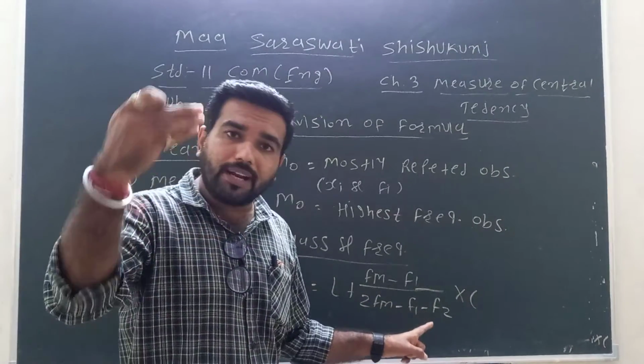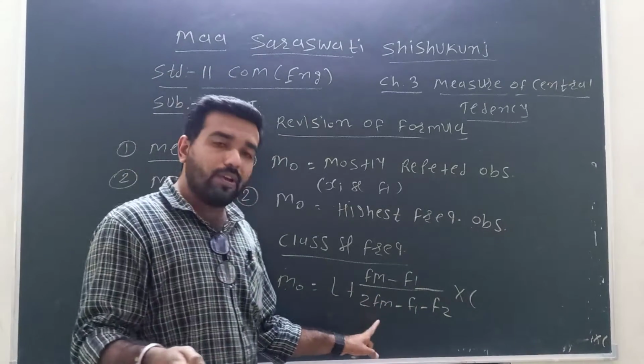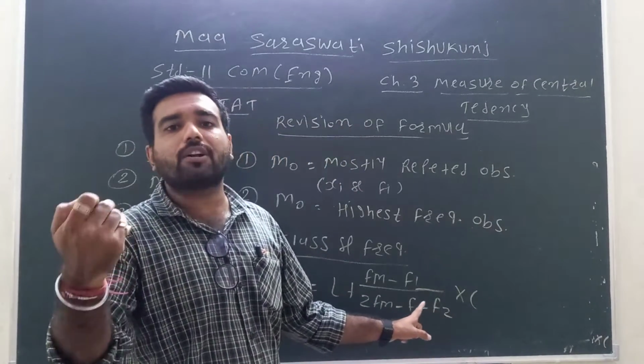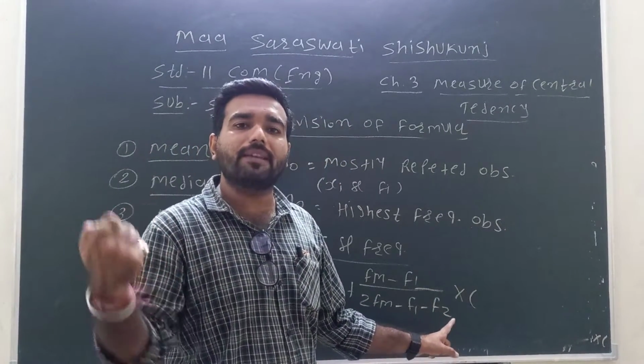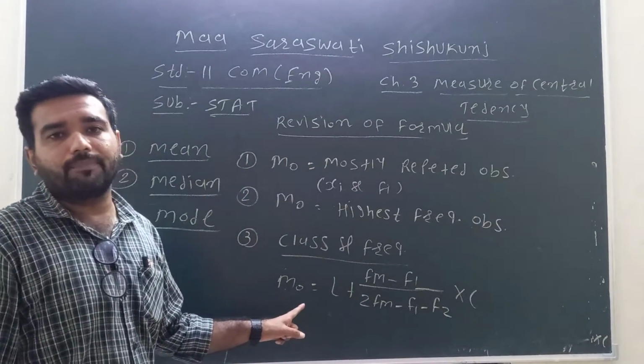F1 is the frequency of the upper class where FM lies. F2 means the next or succeeding class frequency where FM lies. C means class length and L means the lower boundary point of the class.